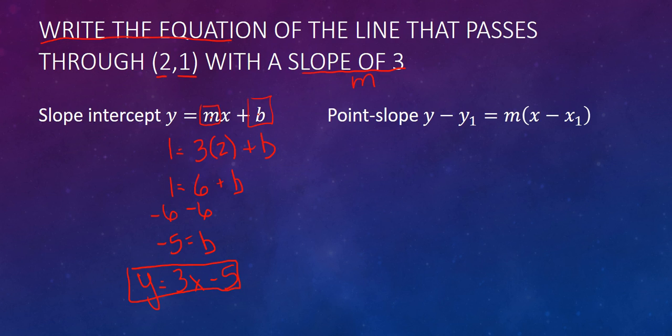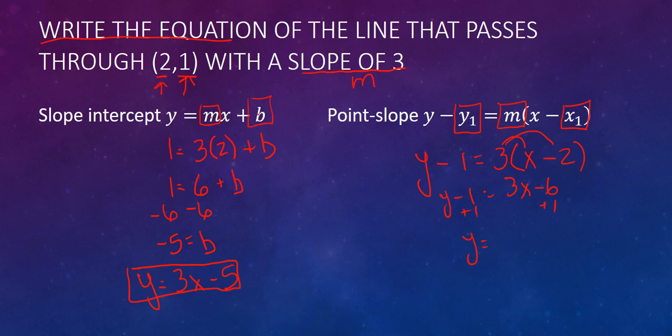Now if you use point-slope form, you're going to get the same exact answer. So you're going to put in your values for y1, m, and x1. So you have y minus, so the y value here is 1, equals the slope 3 times x minus the x value, again 2. So here we distribute the 3. We get 3x minus 6. And then add 1.